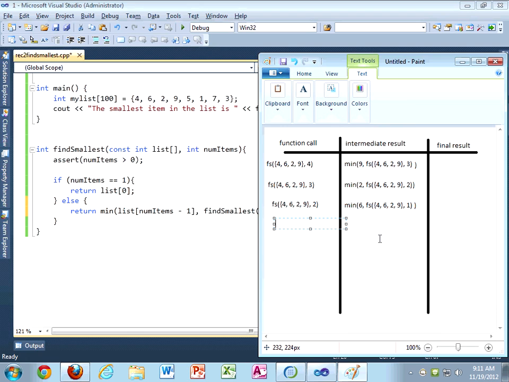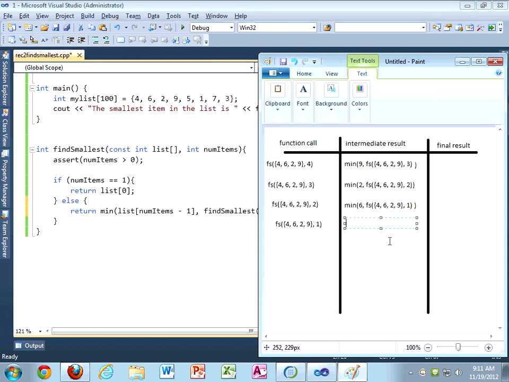Okay, and so that means I need to figure out what find smallest of 4, 6, 2, 9, and 1 is, and that is what?